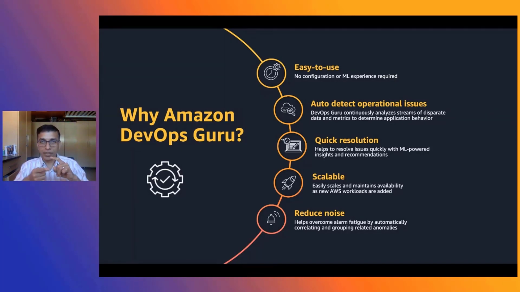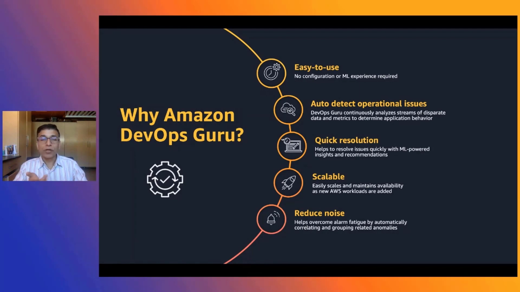It uses pre-trained machine learning models behind the scenes, so it does not expect the operator or the user to know about machine learning. It uses it and provides you the output that will help you identify the root cause quickly.